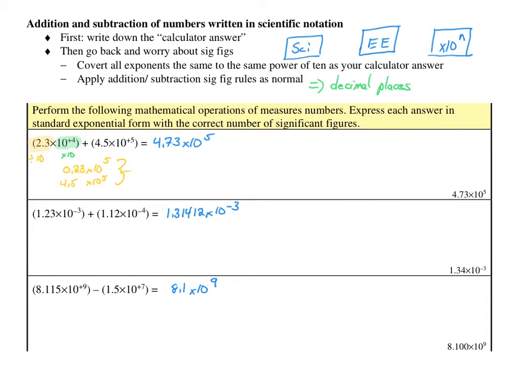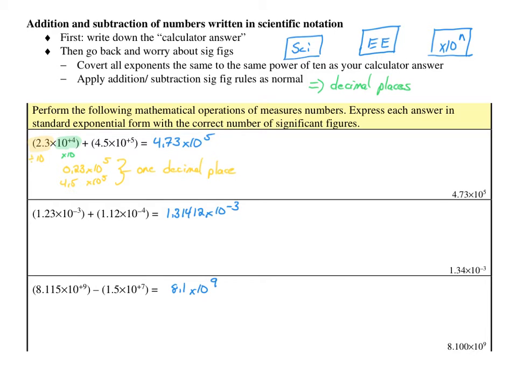And what we see is that as far as decimal places, we're limited to 1 decimal place. This number here has 2 decimal places. This number has 1 decimal place. We have to convert both of these numbers to the same power in order to compare decimal places.